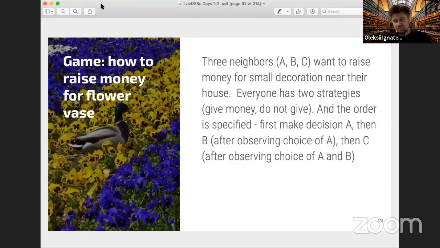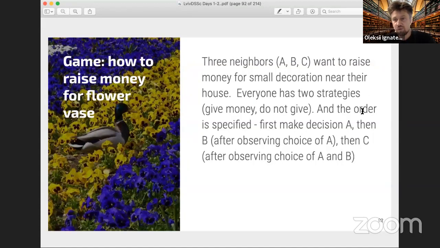So let's consider an example, because it's a funny example, and also I will ask you a question. What do you think about this game? Please pay attention. We have 3 neighbors, and these neighbors want to raise money for a small decoration near their house. For simplicity, we assume, maybe it's an artificial setup, that every one of these 3 neighbors has 2 strategies: give money or do not give money.